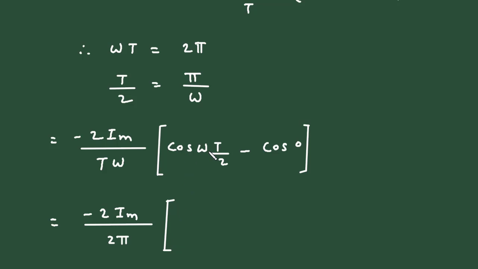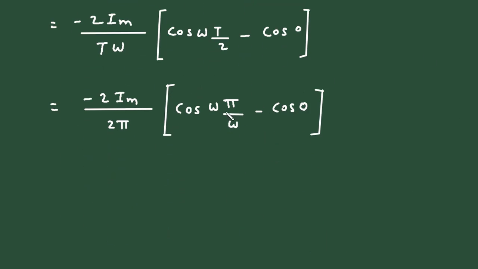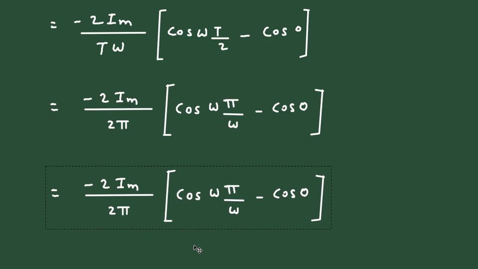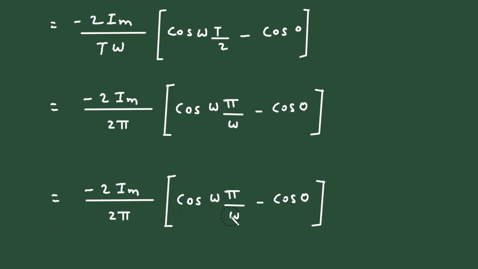Now cos omega T by 2: in place of T by 2 we can substitute pi by omega, so cos of pi upon omega times omega, minus cos 0. Now this omega and this omega will get cancelled, so only pi remains. And here also this 2 and this 2 will get cancelled.